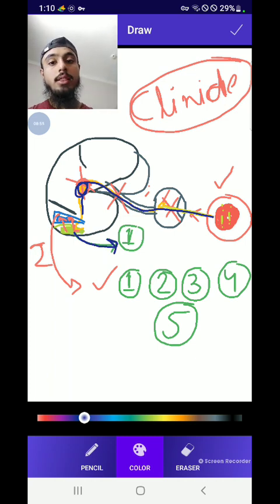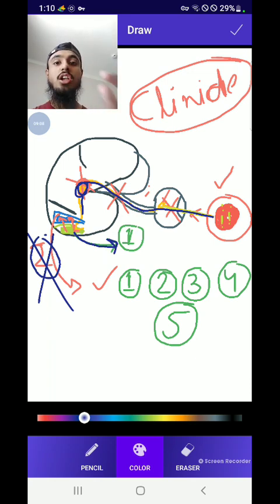When there is damage to the second area, the visual association cortex, the patient cannot recognize the size, shape, or color of the object. They just see the object, just view it, and cannot tell you the information about its shape, size, color, or movement.